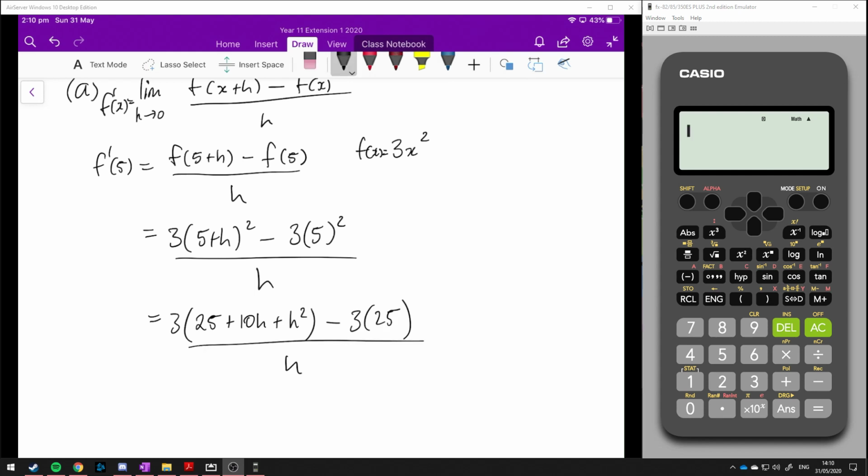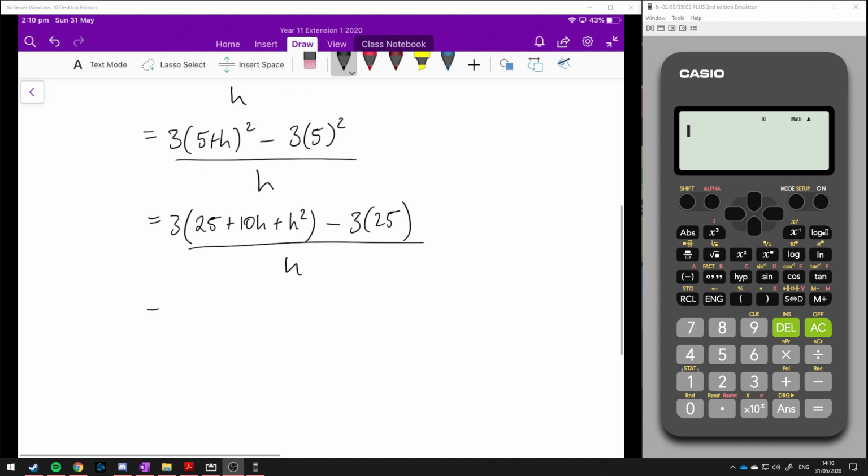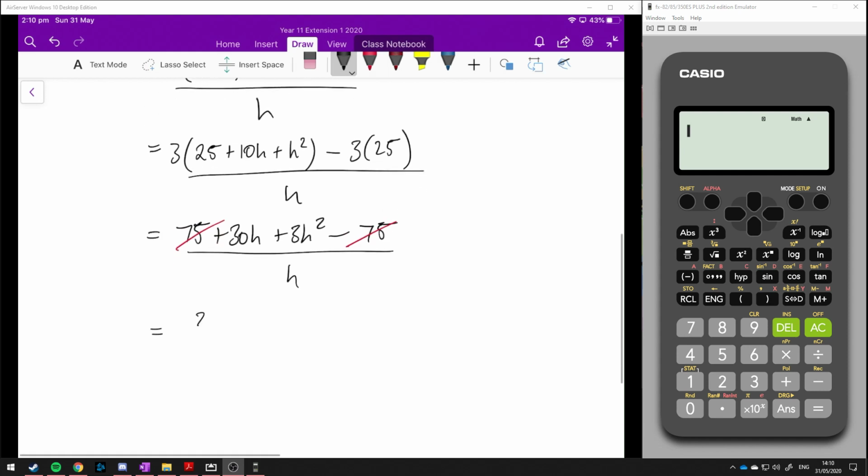Expanding this out even further, we get 75 plus 30h plus 3h squared minus 75 over h. Cancelling out the 75 and the minus 75, continuing on, we get 30h plus 3h squared divided by h.